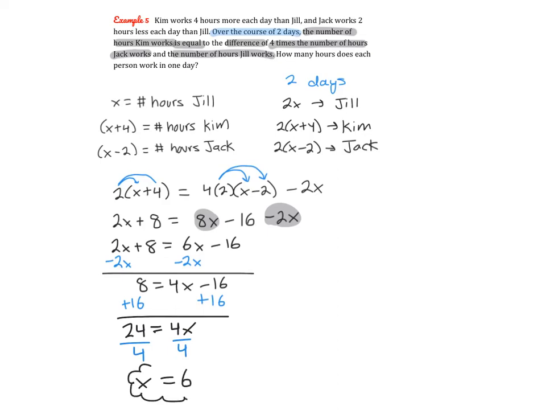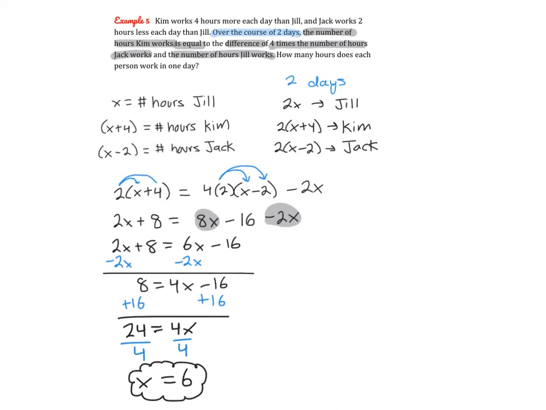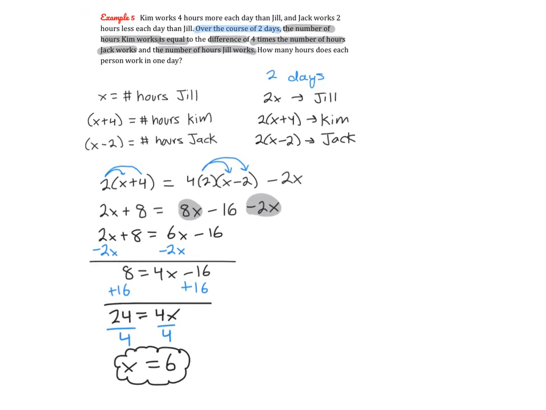So again, this is just our x value. Now we need to make sure we're answering the question completely. If x represents the number of hours Jill works, we could say Jill works 6 hours. Kim is always going to work the number of hours that Jill does plus 4.